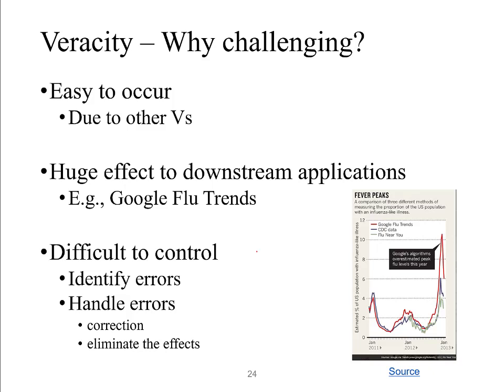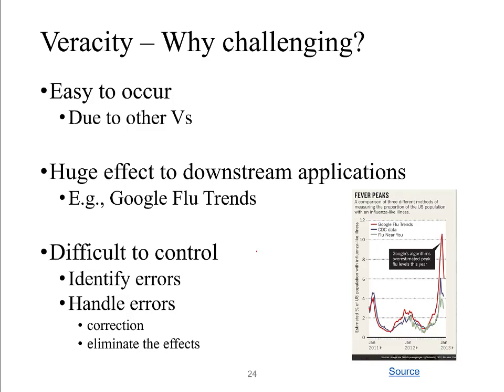Okay, so veracity is easy to occur, and secondly, it brings huge effect to downstream applications. The Google Flu Trends example is quite famous in big data. Basically, Google released this Google Flu Trends product to predict the trends of flu in the United States.